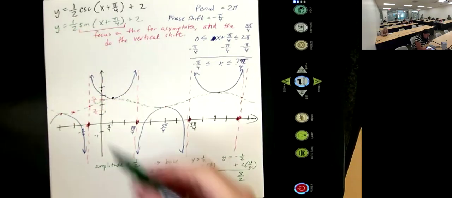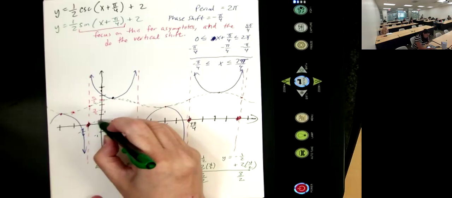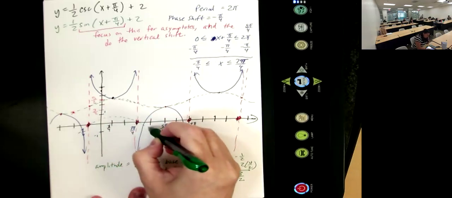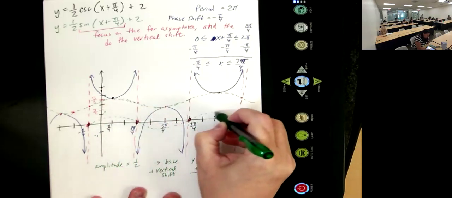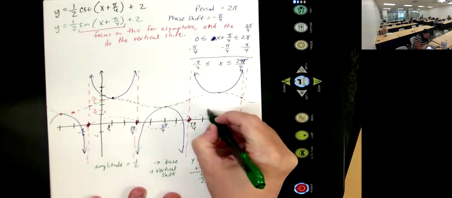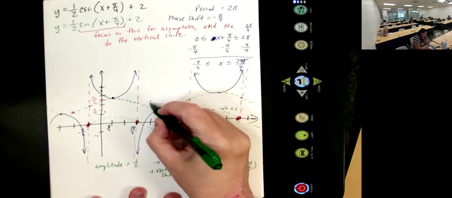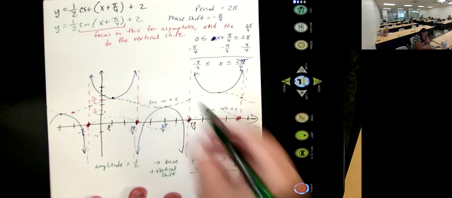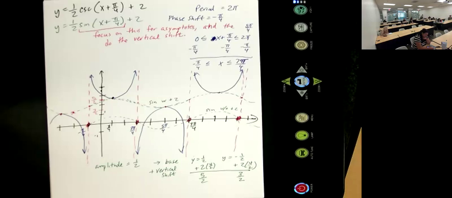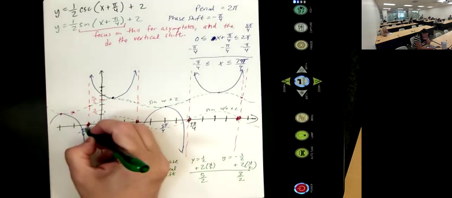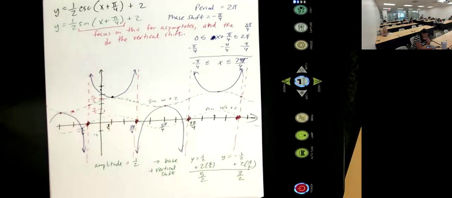And the base graph was down here. So this is the sine without the +2, and this is the sine with +2. So we're going off the base one without any vertical shift.